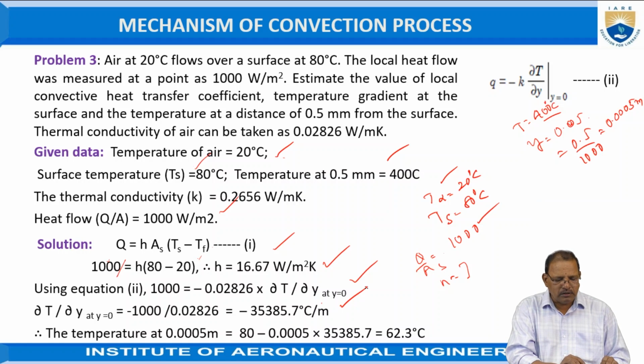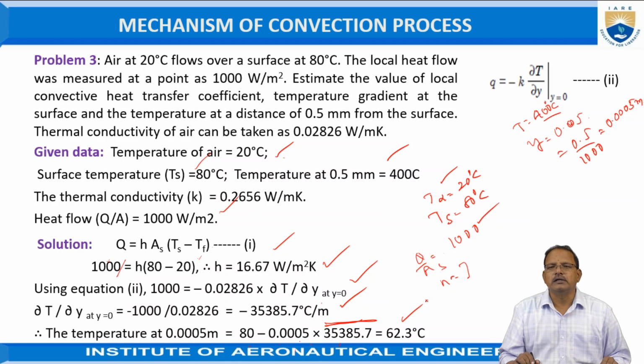So the temperature at 0.0005 meters is equal to 80 minus 0.005 into 35,385.7. From this relationship we got the temperature at a distance of 0.005 meters is equal to 62.3 degrees centigrade.